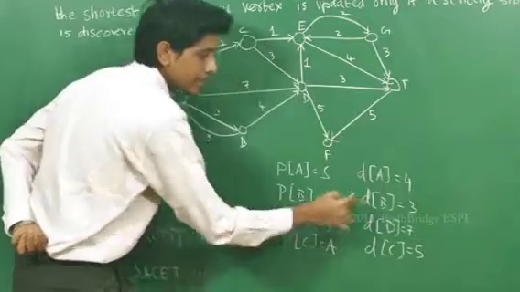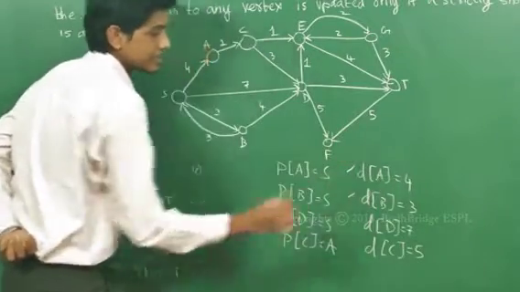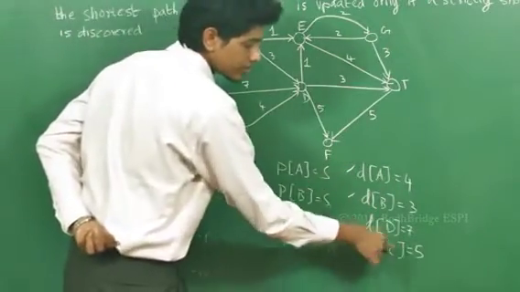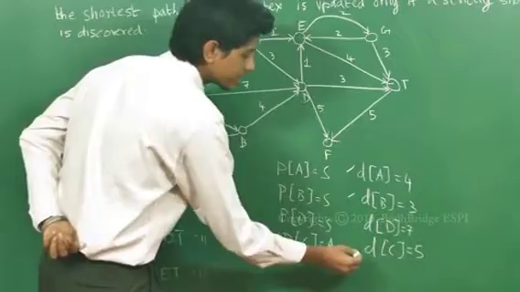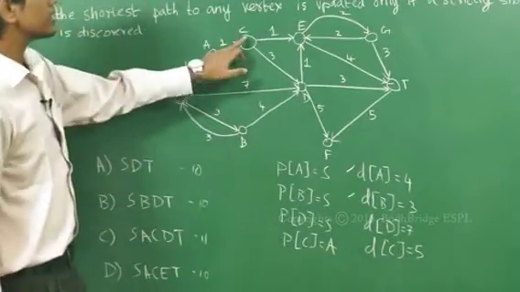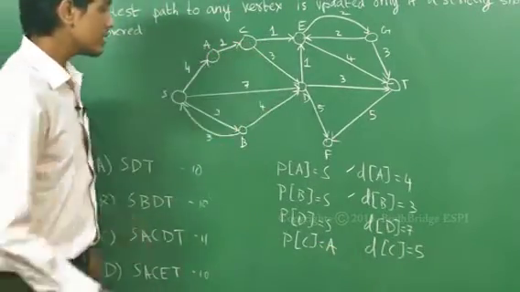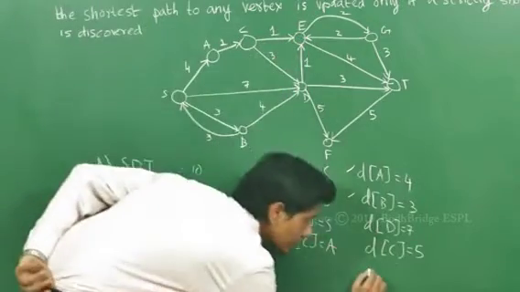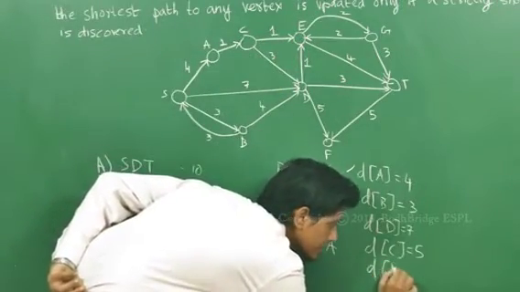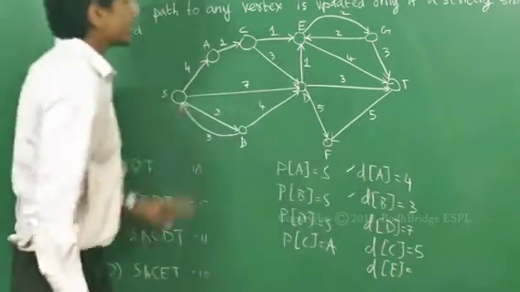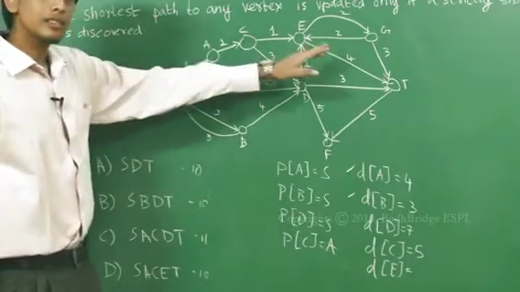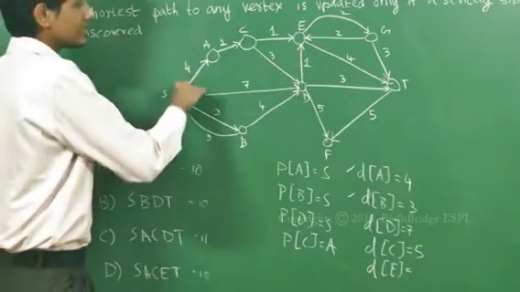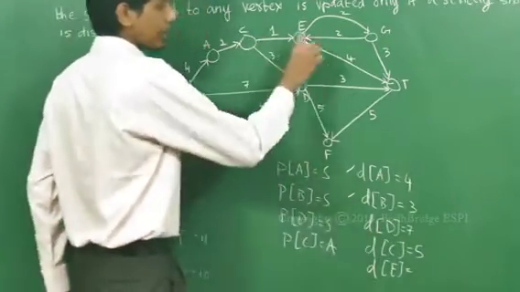Now we have checked B's neighbors, we have checked A's neighbors. Now out of these, C is the smallest. You will check C's neighbors. So C's neighbors are E and D. Now you calculate distance of E. Distance of E is existing distance to C plus that path, so 5 plus 1, which is 6.